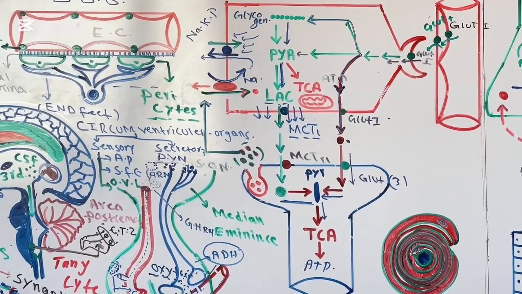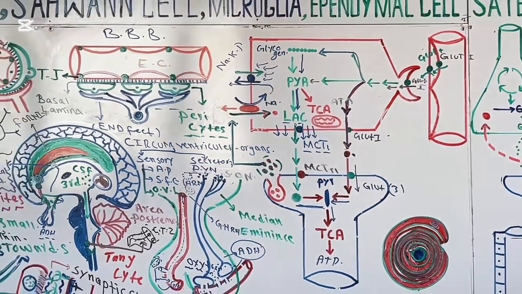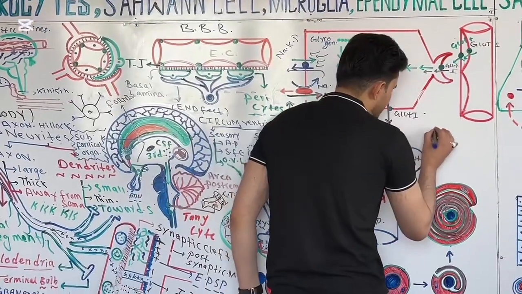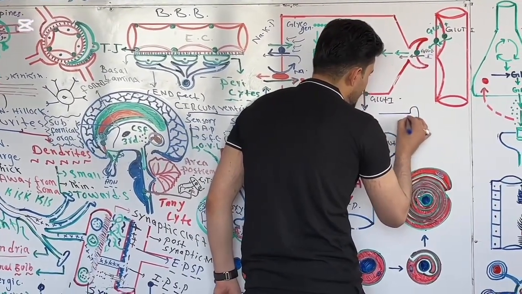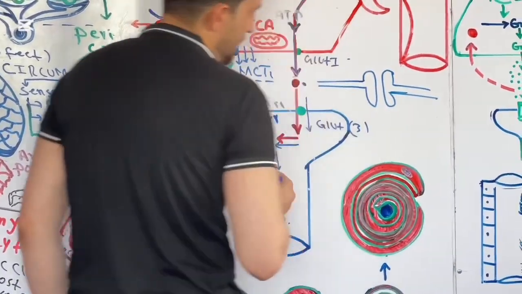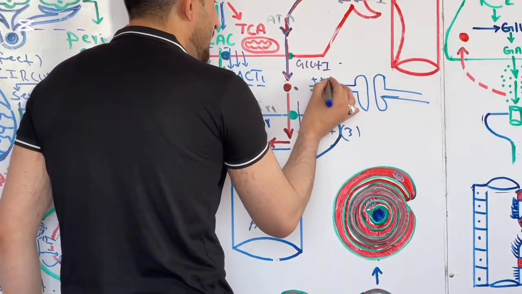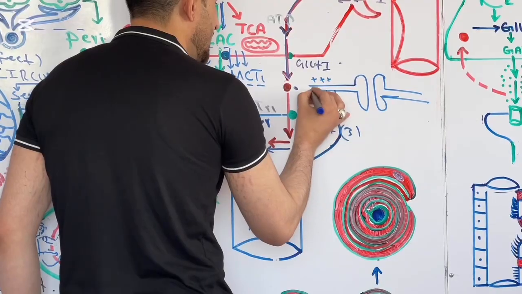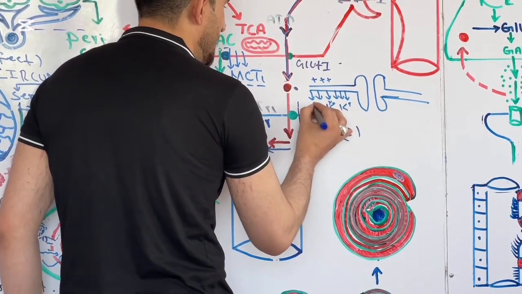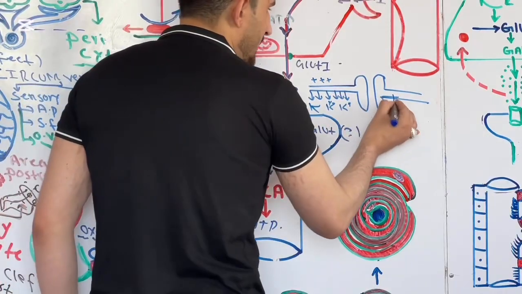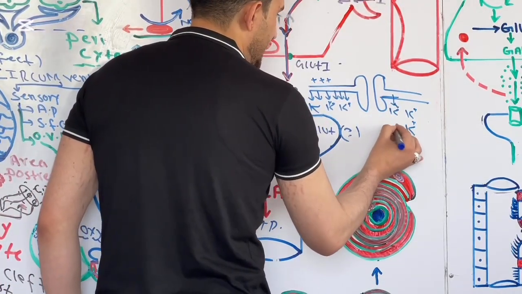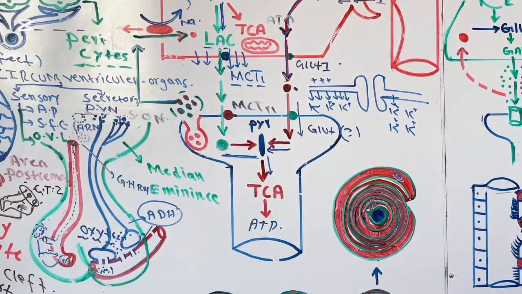The third important function of astrocytes is the easiest one. For example, this is one neuron, this is another neuron. When this neuron is stimulated, during the action potential, which we will talk about in a future lecture, a lot of potassium comes out passively.